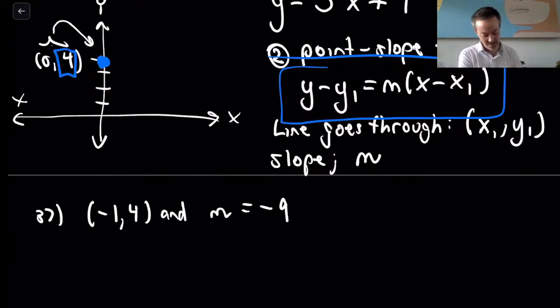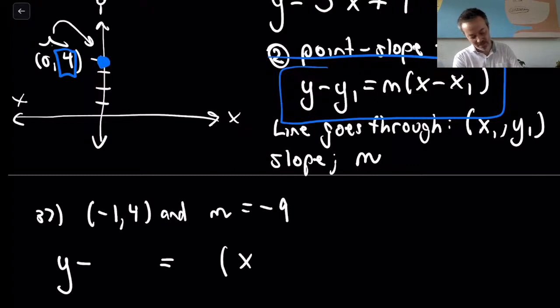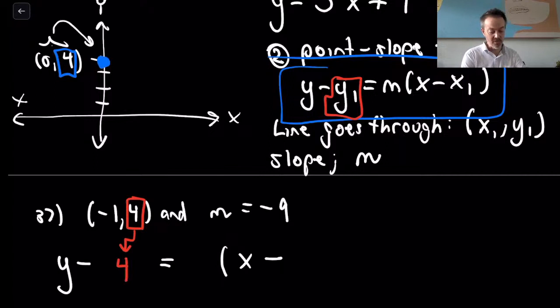So let's drop in our values. I've got y minus some value equals m times x minus some value. I've got to plug in y1. Well, y1 is simply equal to 4, so I'm dropping in y minus 4.